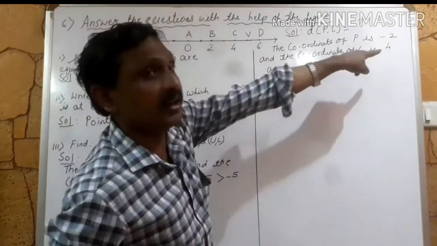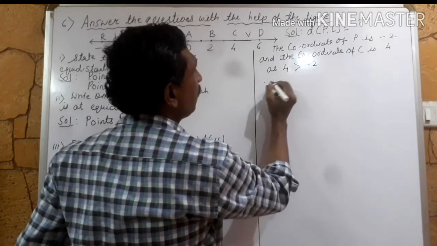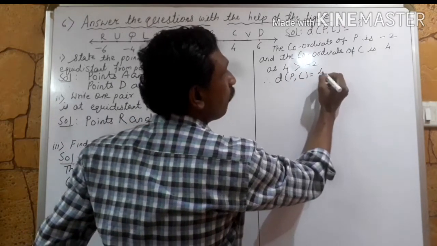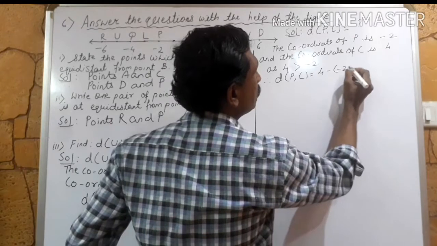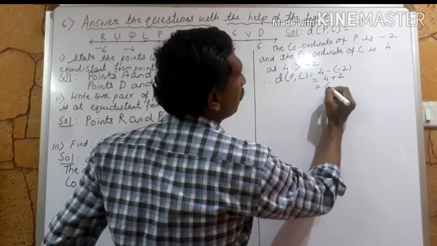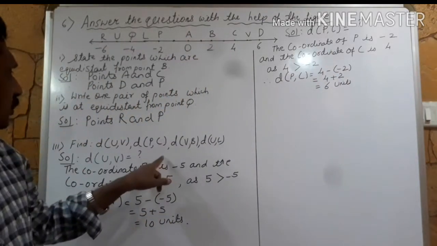What is greater? 4 is greater than -2. Therefore, distance PC is equal to 4 minus -2, which is equal to 4 plus 2, which is equal to 6 units.